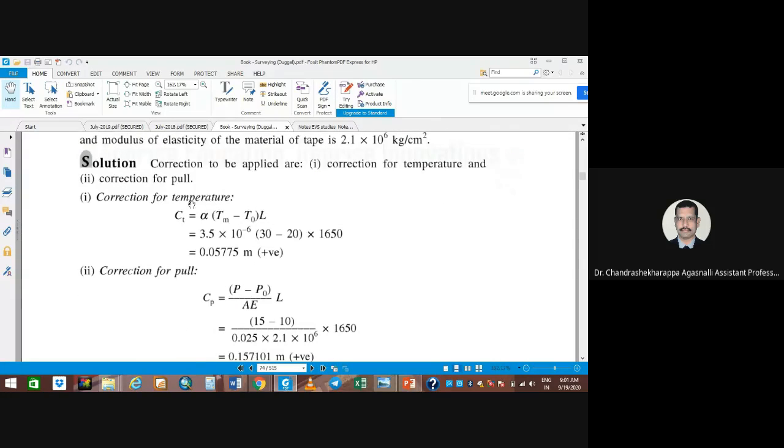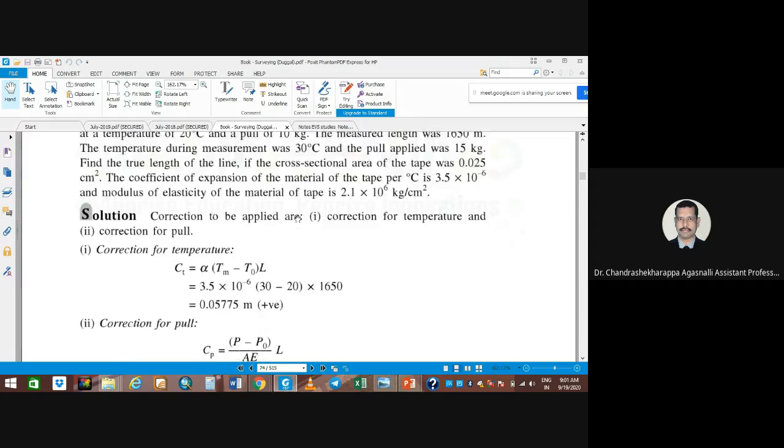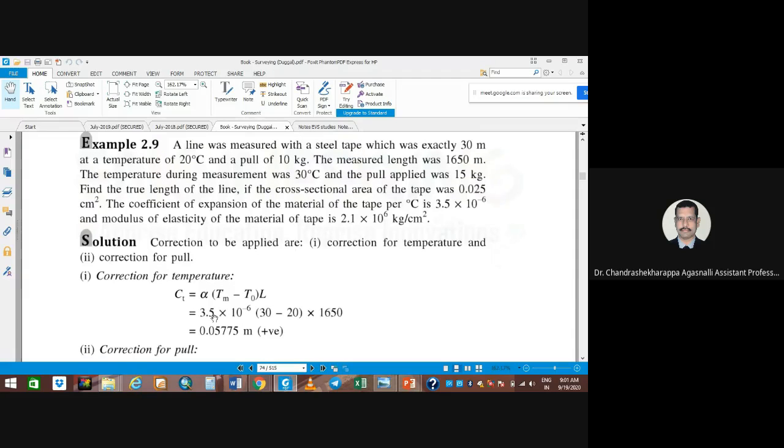So as we applied the formula here, correction for temperature, C1, is equal to alpha within brackets, Tm minus T0. We have all the values here: 3.5 into 10 to the power of minus 6, and Tm is 30, minus 20 degrees.